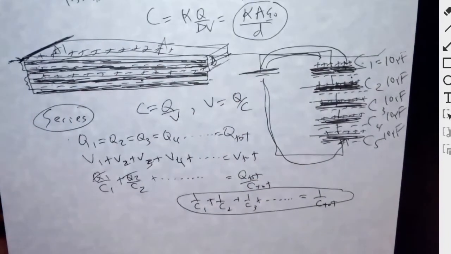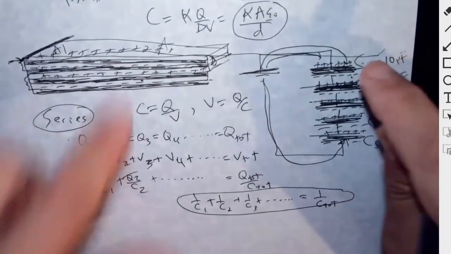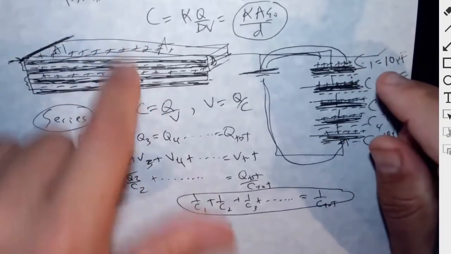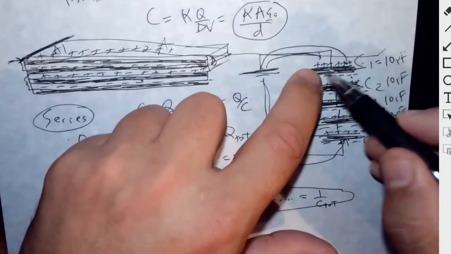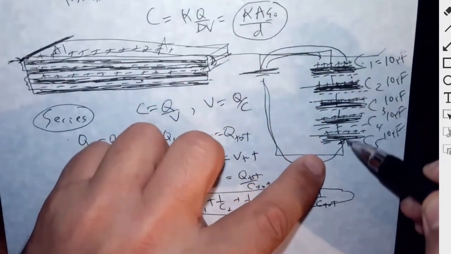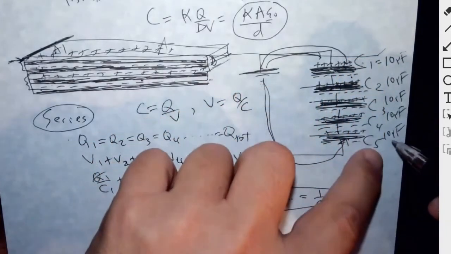So let's say you have all 10. It will kind of be equal in the case of making capacitors, because remember they're using the same material for each one, and the plates are the same size. So it kind of makes sense that they would be identical in that case.